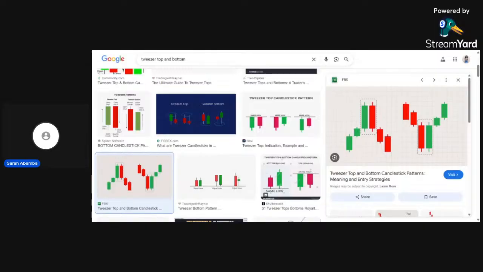You understand? So when you place a sell order for a bearish tweezer, you put your stop loss a little bit above the pattern that has been formed. For a bullish tweezer, put your stop loss a little bit below the pattern that has been formed. Okay, so I hope this one is clear.